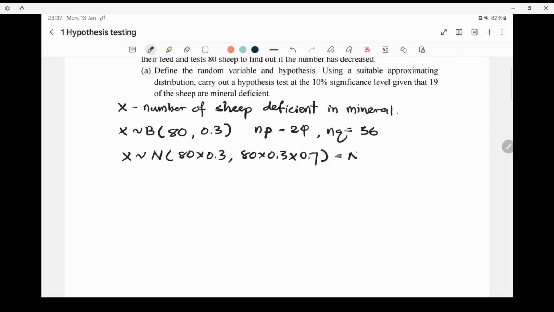So this is N(24, 16.8). So you are given the significance level, which is 10%.